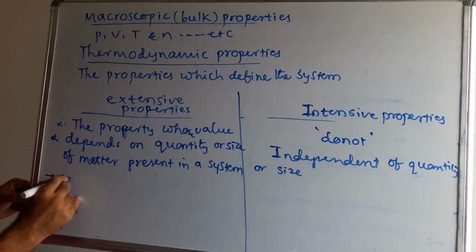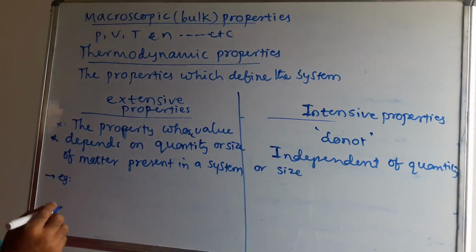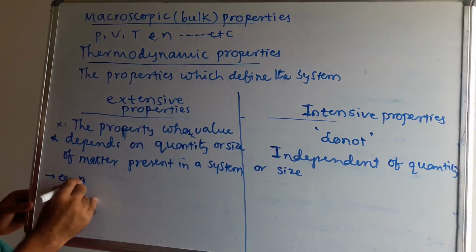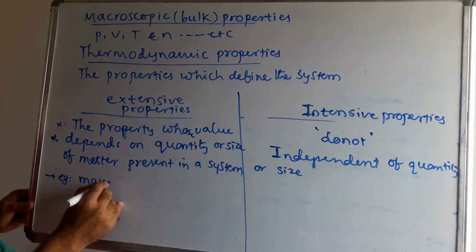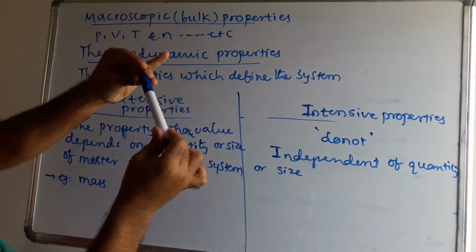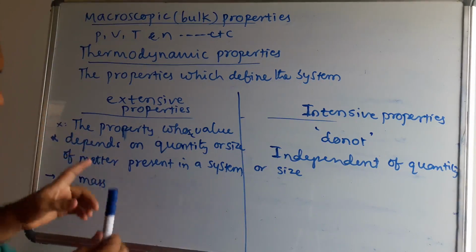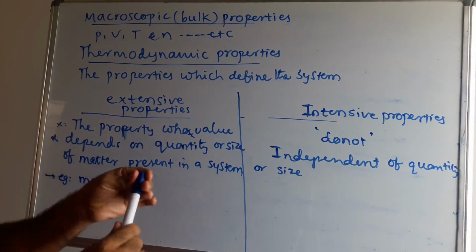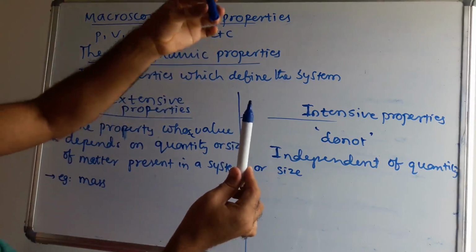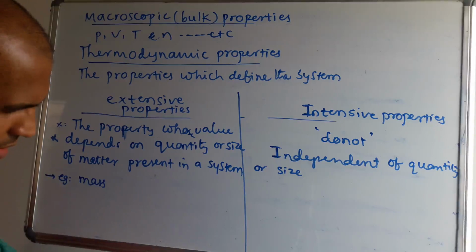Now, examples. What are the examples for this? Volume or mass. Now this is the pen. If you add to this, what happens to the mass? It increases. So mass is an extensive property, depending on quantity or size. Before, the size was this much. When you add one extra, the size increases, and the mass also increases.